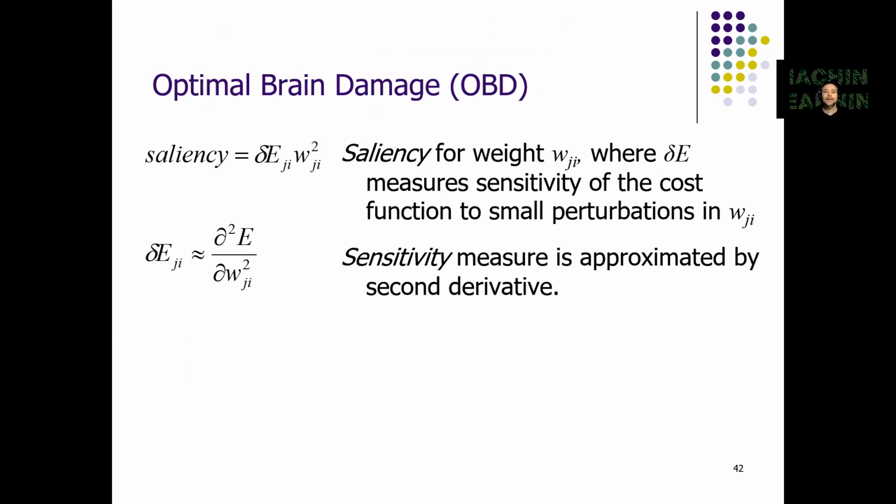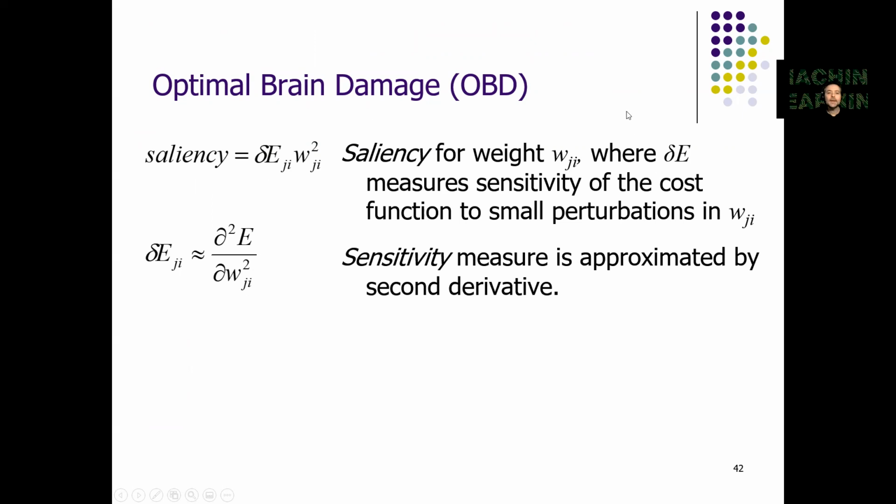That's the optimal brain damage, a method proposed by LeCun, which measures the saliency by this product. This delta E here is actually an approximation. It's the second derivative, and this is the weight w_ji to the power of 2.